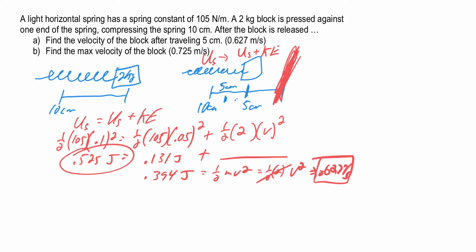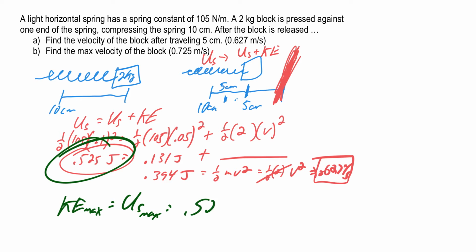So we'd say all the kinetic energy max is equal to all the spring potential max, which we just calculated out to be 0.525. So that should be 1/2 times m times v squared. So we'll just go ahead and square root that. 0.525, I already have the answer there, but I'll just double check in the calculator, and sure enough, I get 0.725 meters per second.